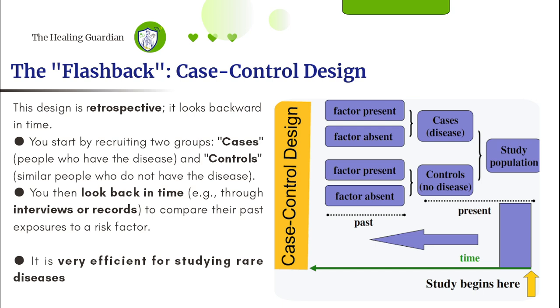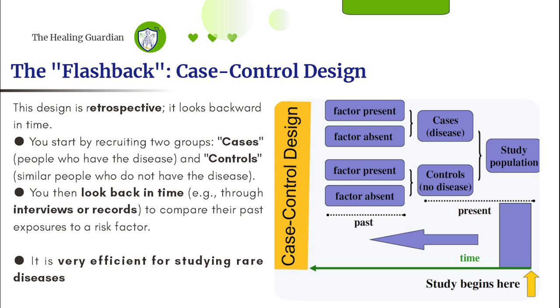Then you assess in the past. Maybe you interview their mothers, to look back and compare the past exposures. You may ask, did this child get malaria before? Maybe you want to relate malaria to a certain rare cancer. So in case control, you start with cases and controls, then explore their past exposures.